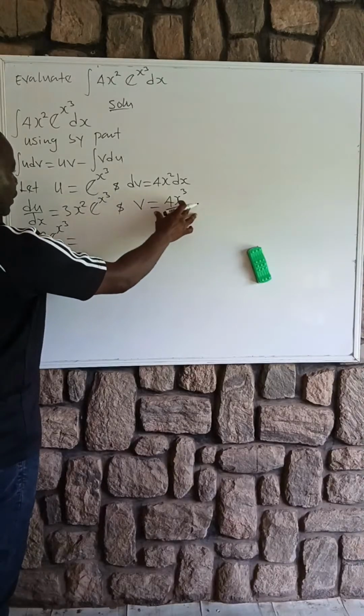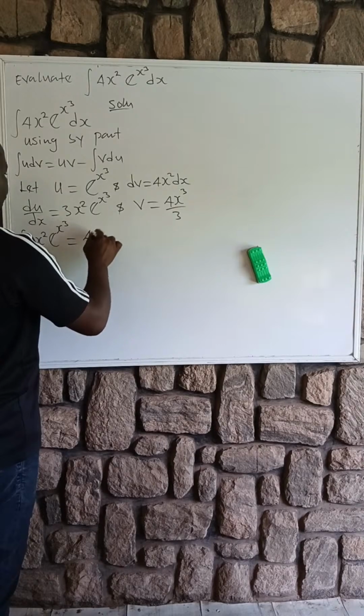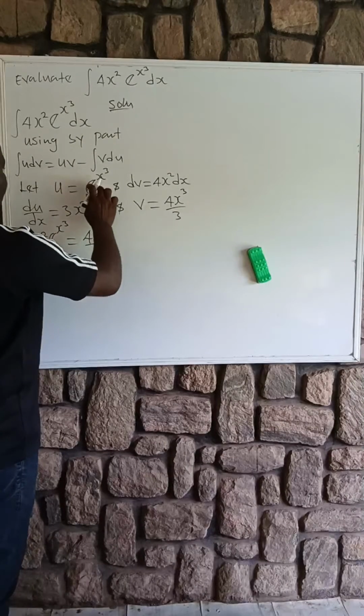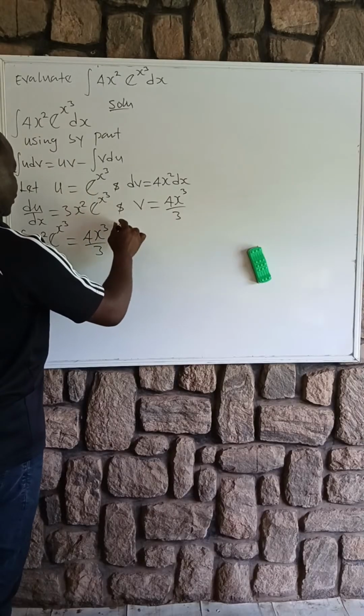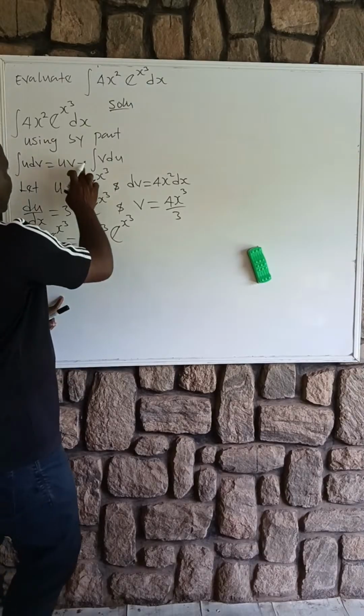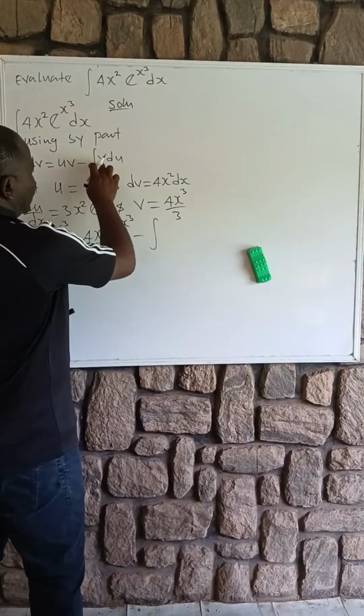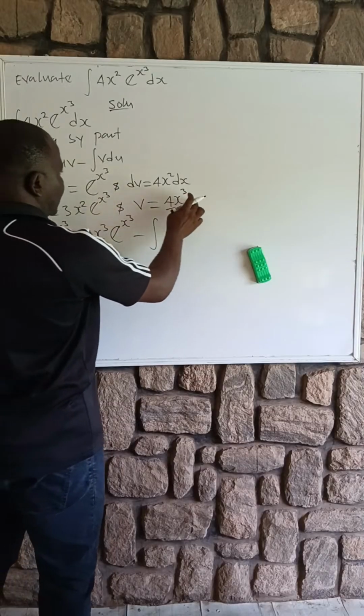So let us first write ordinary v, 4x cubed all over 3, times ordinary u, exponential x raised to the power 3. And what is here? Minus integral v, our ordinary v is this.